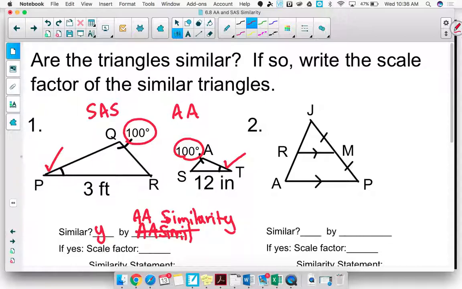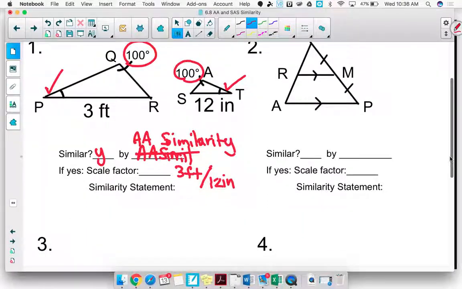And so the scale factor would be just a ratio of the two sides. I didn't tell you which one to write first, but since it's different units, we'll say 3 feet over 12 inches, which if we get it into the same unit, would be 36 inches over 12 inches, which reduces down to 3, or 3 to 1.